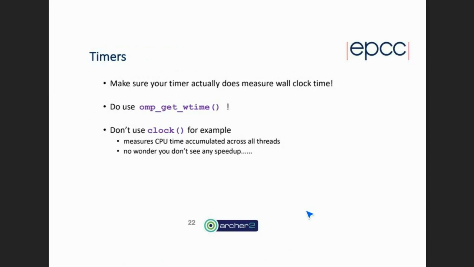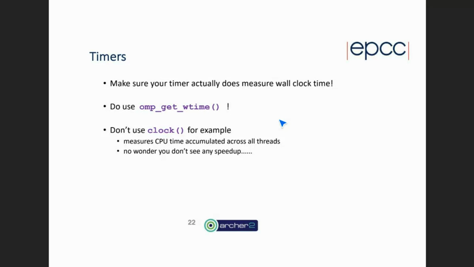Okay, timers. Be careful, particularly if you inherit code that already has some timing routines in it. Have a look and see what it's actually using. OpenMP's built-in timer is a useful one. It does measure wall clock time, and it also returns a double precision value in seconds, which is quite nice. There are other things like the Linux clock routine, for example, which doesn't measure wall clock time. What it actually measures is the CPU time accumulated across all the threads in your process.